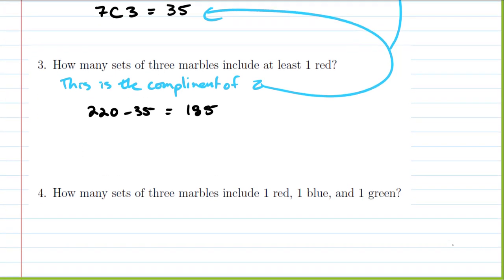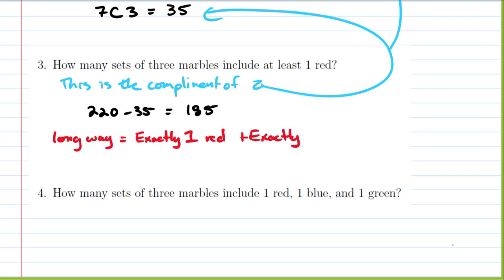So the long way would be exactly 1 red plus exactly 2 red plus exactly 3 red. And then if you calculated each of those individually and added them up, you're going to get our same number, 185.